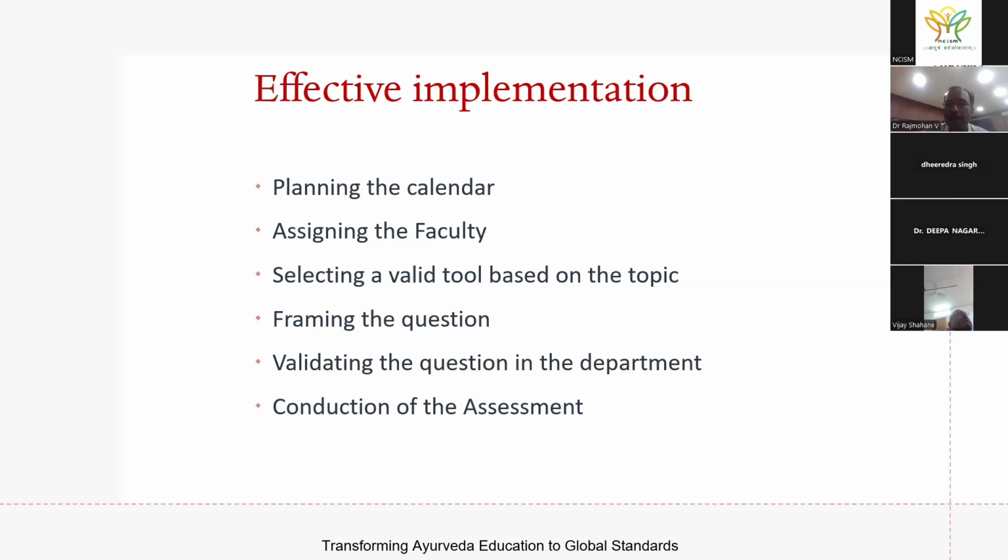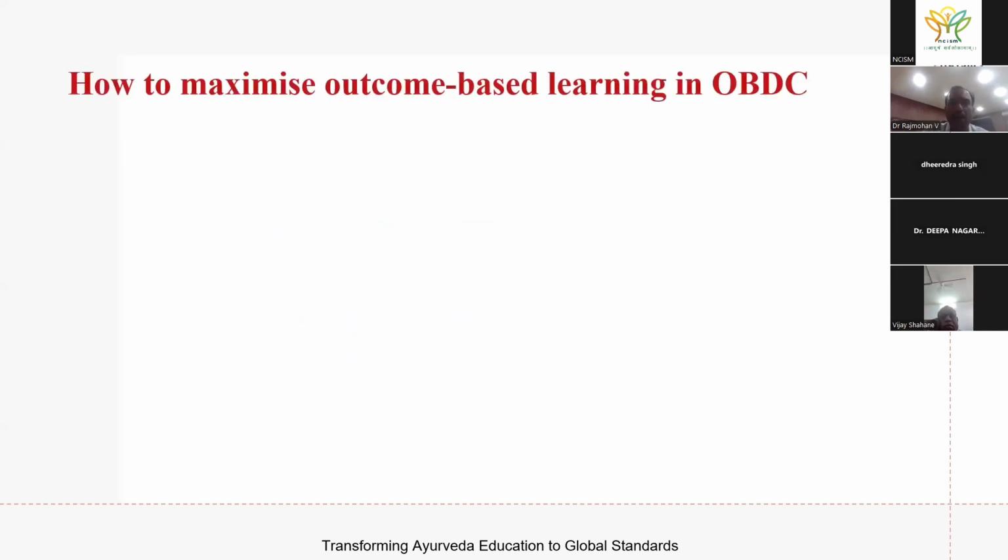And again, for the assessment part, I would suggest having an assessment for the students prior to the university examination. That should mimic the university pattern of examination, so you can plan accordingly.